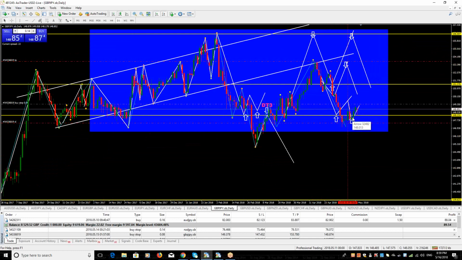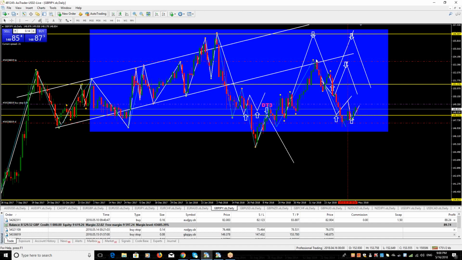So I'm looking to buy there, okay? Because look, here, here, here, here. Now I've got this pin bar, I've got this engulfing. Now I'm not triggered into this trade yet, but that's where my entry is. So the market has to come and break above here for me to be triggered into this trade.